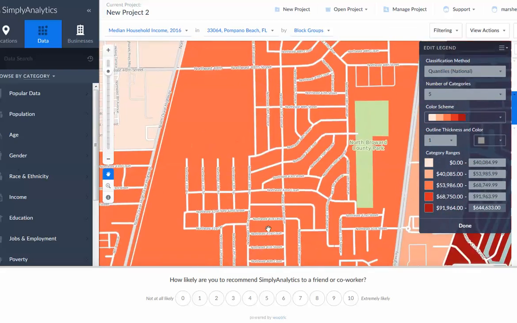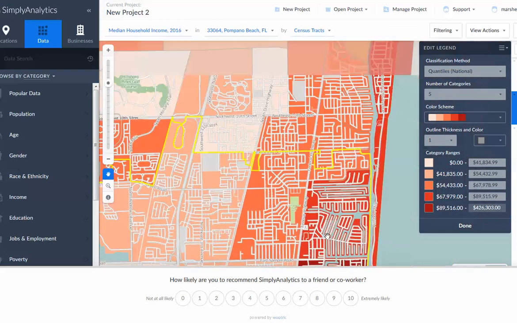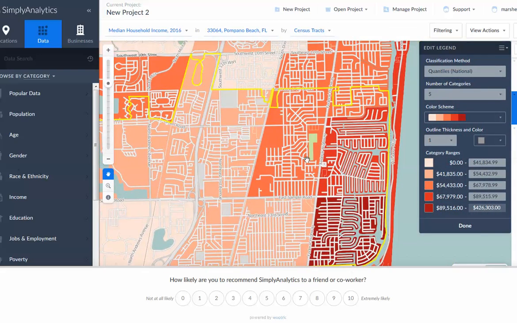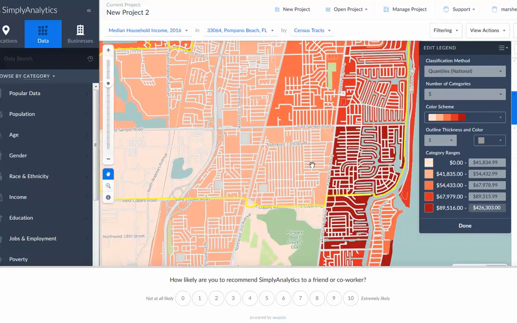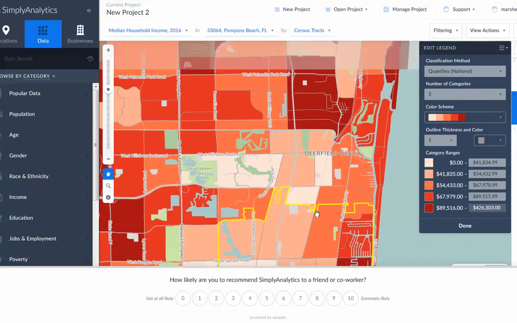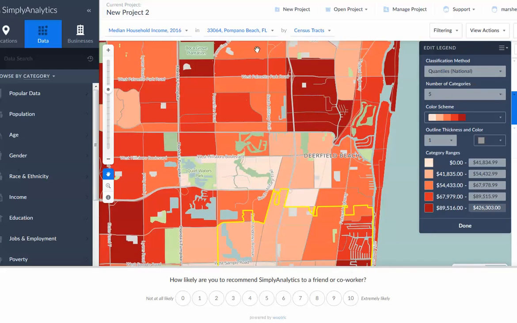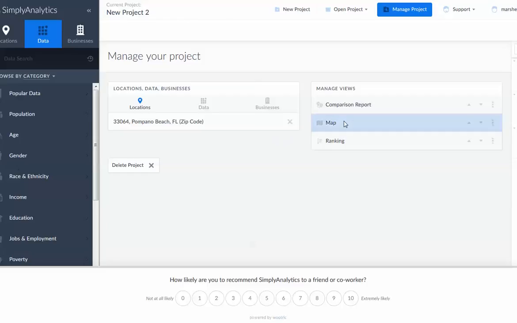So this is another way. If you're looking for a place to put a business, right, you can use the map that way, which is kind of cool. But for the purposes of what I asked you to do, put in the zip code and then start looking at some of the category data and pull it up, manage project, in a comparison report view.